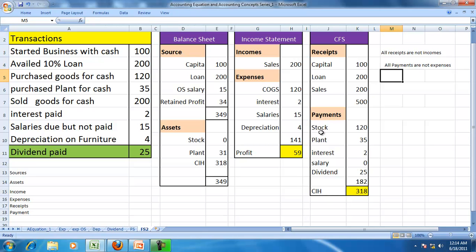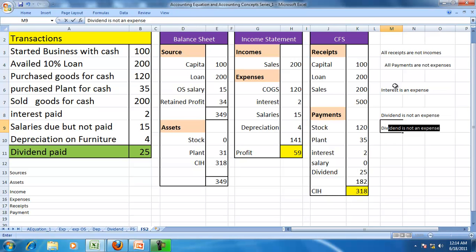So all receipts are not incomes, and all payments are not expenses. Besides that, interest is an expense, whereas the dividend is not an expense.